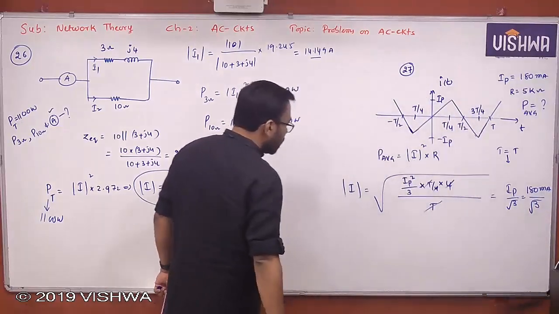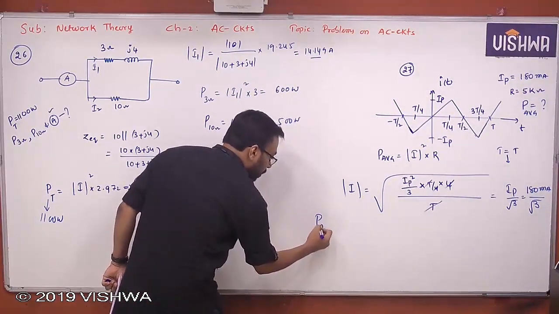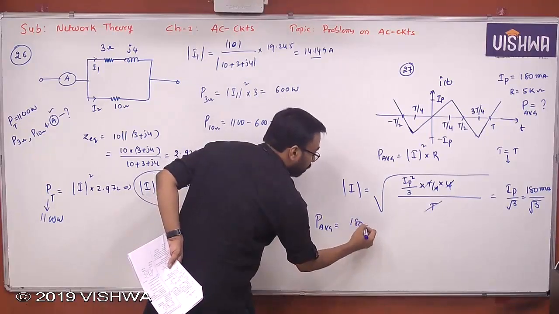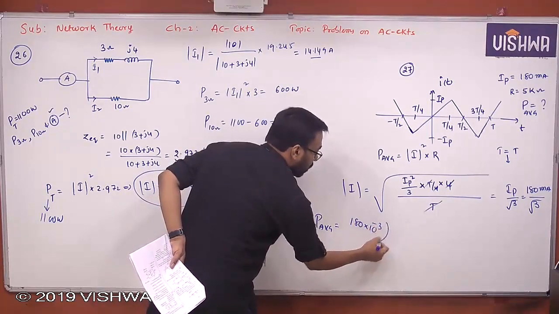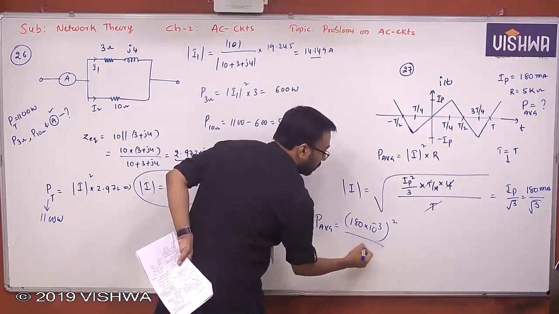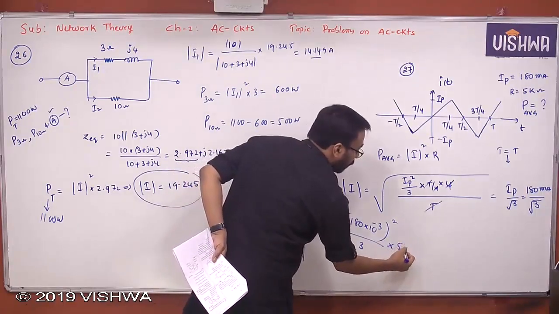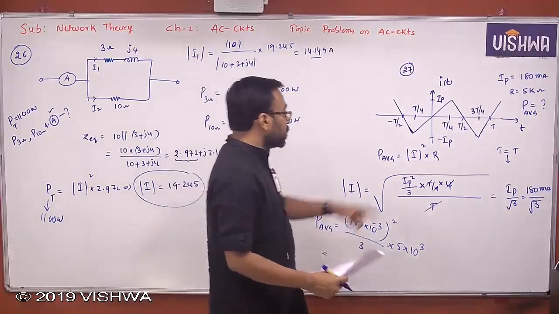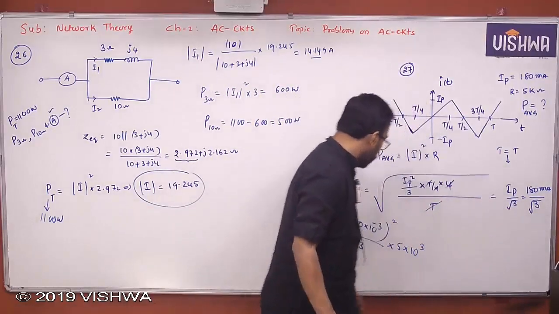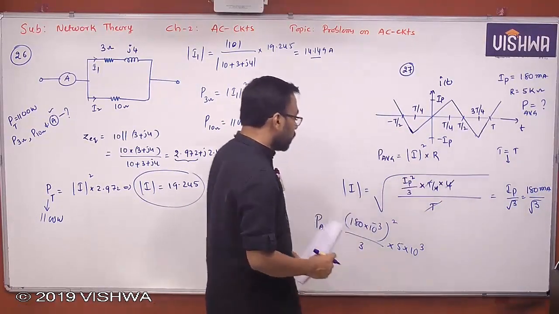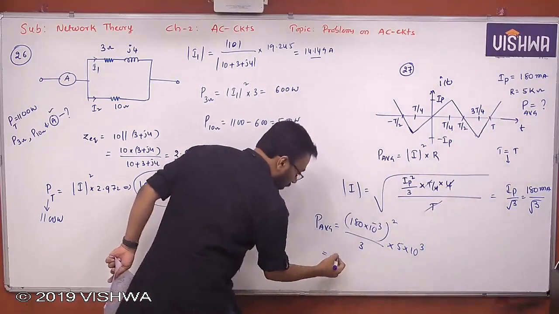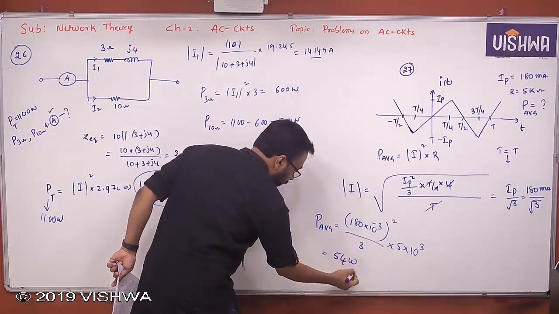Now what is the average power? P average is nothing but IP, 180 milliampere, whole square by 3 into 5 into 10 power 3. Because when you take the square, root 3 whole square gives you 3, and 180 milliampere square, and 5 into 10 power 3 because of 5 kilo ohm. Finally you are supposed to get an answer of 54 watt.